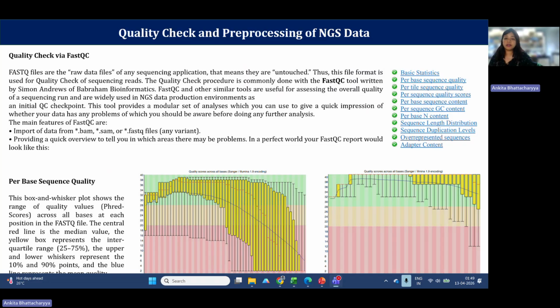So there are a few parameters which are checked by the FastQC tool.